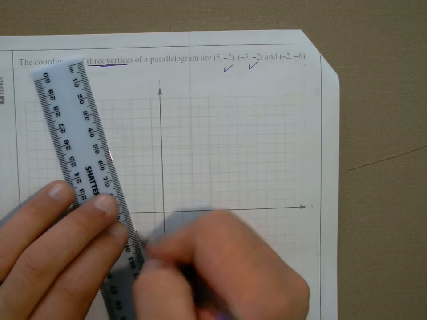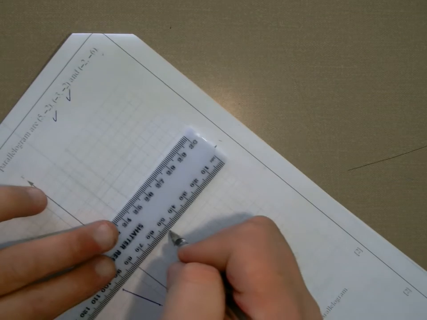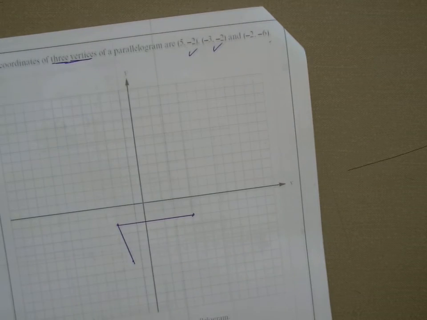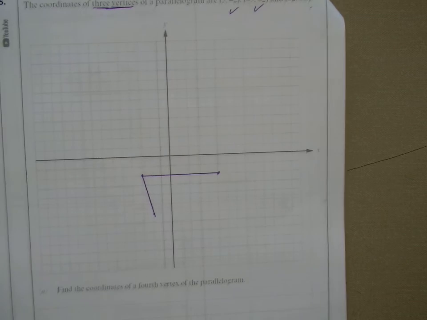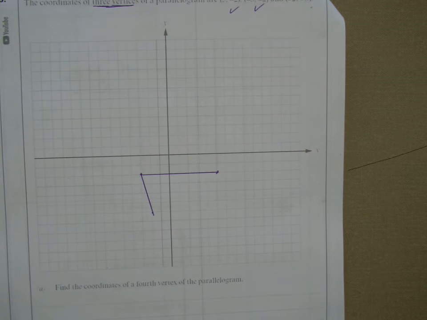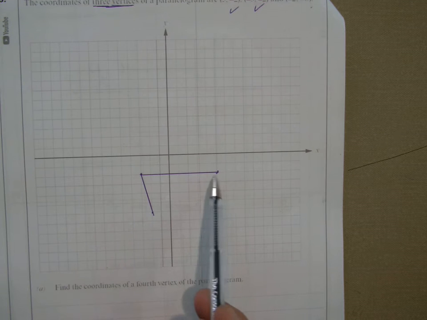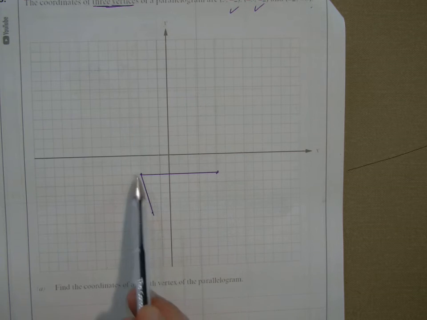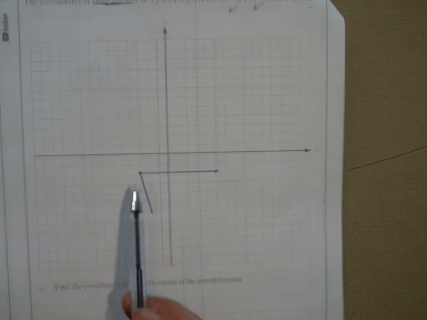So what I could do then is join these points together. It's useful to do that, and then we can determine what the final point will be. It says find the coordinates of the fourth vertex of the parallelogram. Because it's a parallelogram, opposite sides are parallel. So our side here needs to have the same slope, the same gradient, as this one.